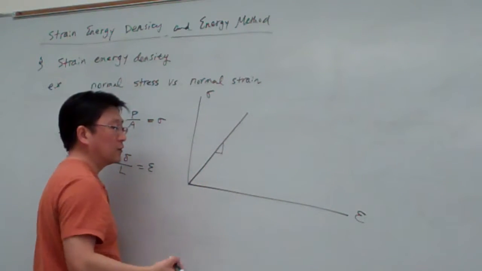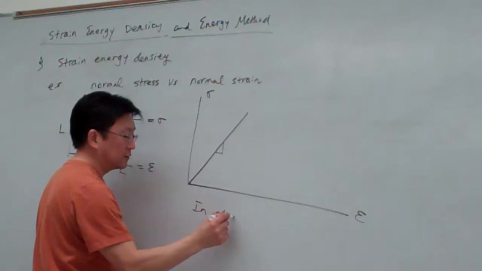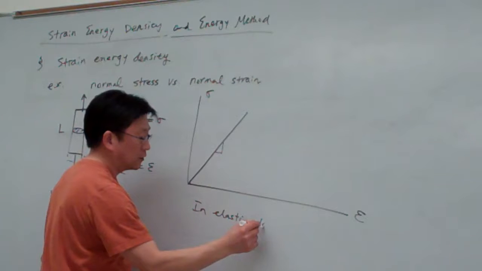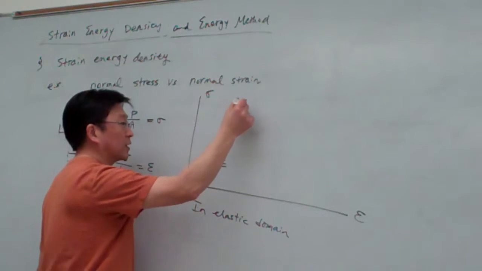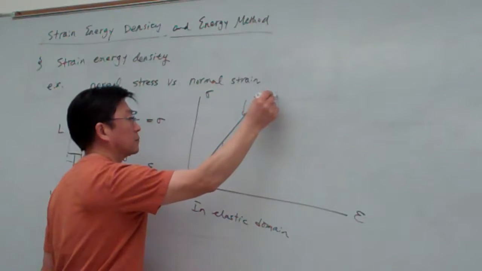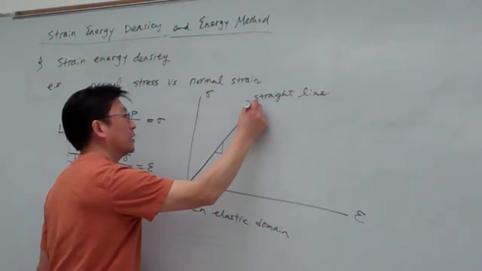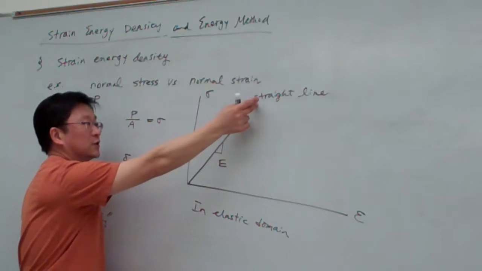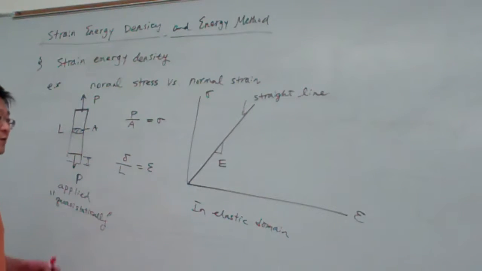Okay, so here we only talk about the elastic domain, and this is a straight line. Until a certain point, reaching the yielding point or yield strain, then that's a different story, and we can drop that one here.